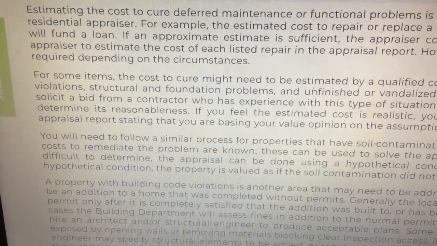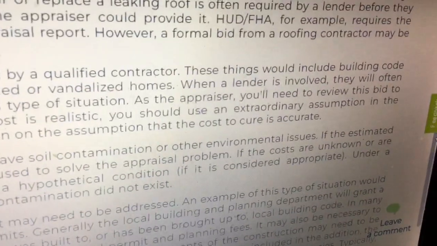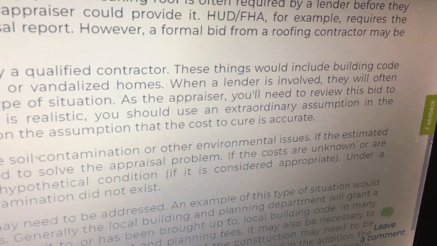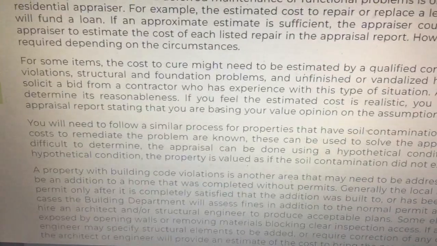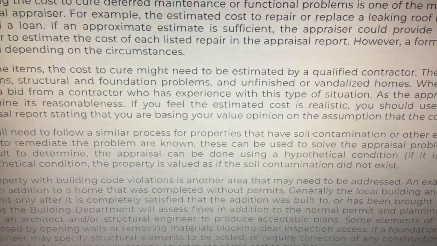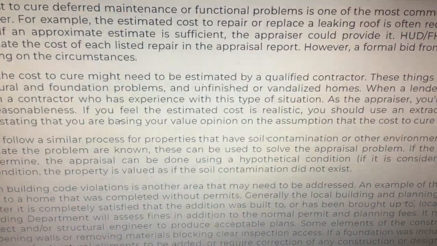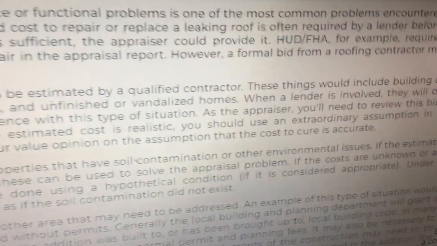You will need to follow a similar process for properties that have soil contamination or other environmental issues. If the estimated costs to remediate the problem are known, these can be used to solve the appraisal problem.